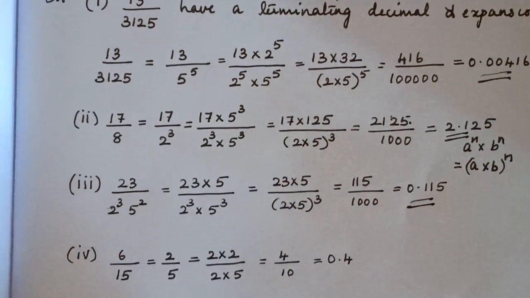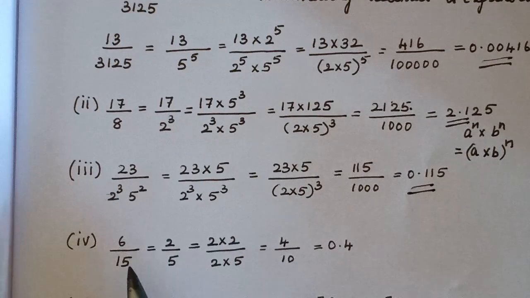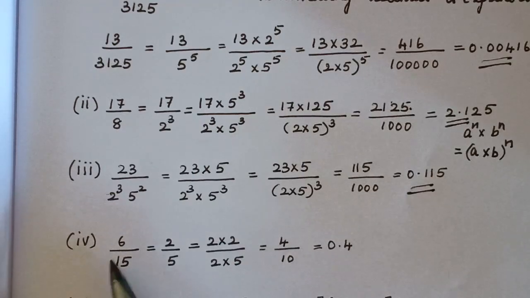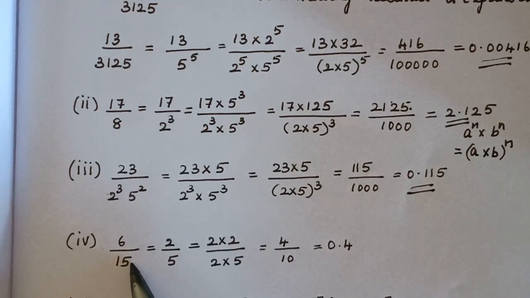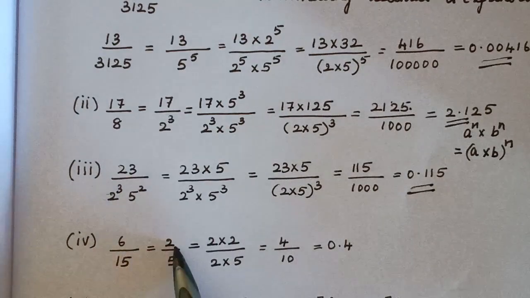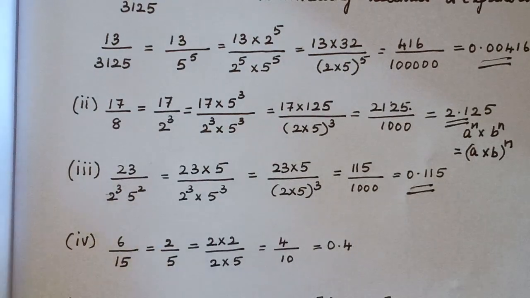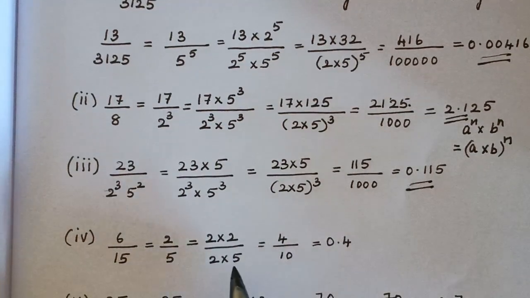Next example is 6 by 15. Before finding the prime factorization of 15, we know that we can cancel it by 3. So when you cancel it by 3, you will get 2 by 5. After that, make the denominator a multiple of 10.